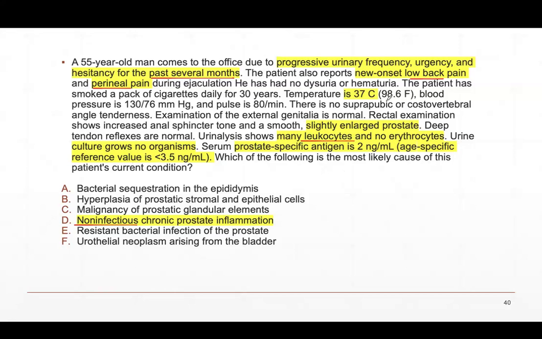As you can see here, for example, they told you there's no dysuria, there's no hematuria, so you kind of rule out, for example, malignancies and stuff. His temperature is normal, right? Culture, negative. So most likely, this is something that is non-infectious and most likely chronic pelvic pain syndrome.